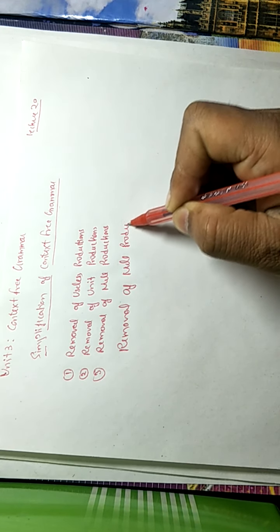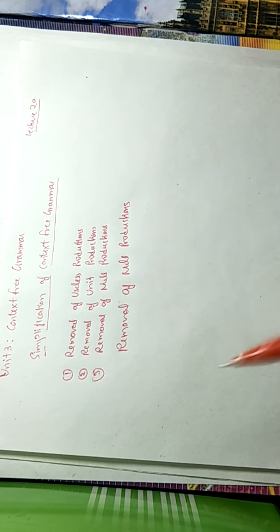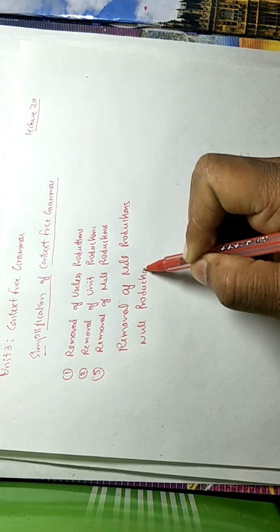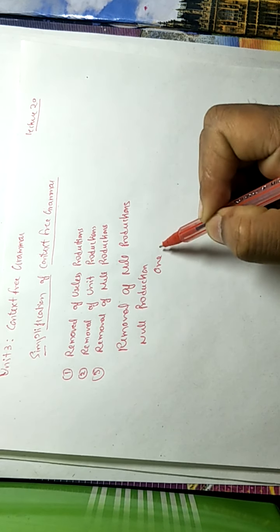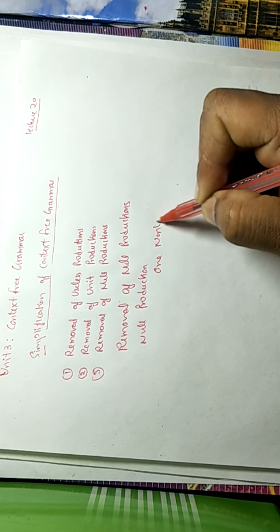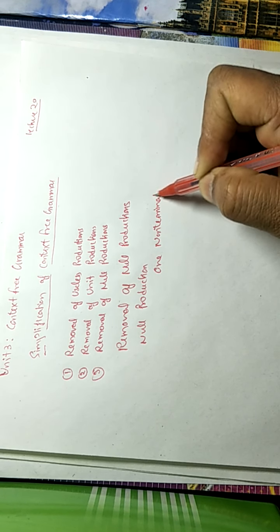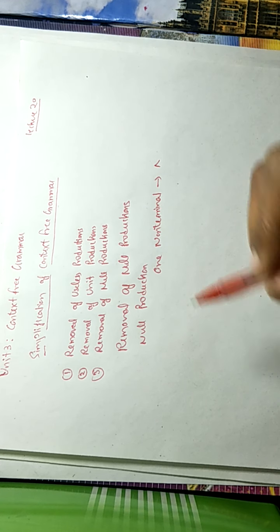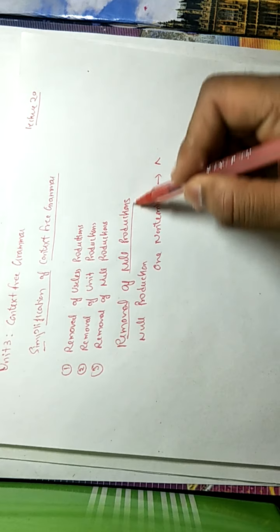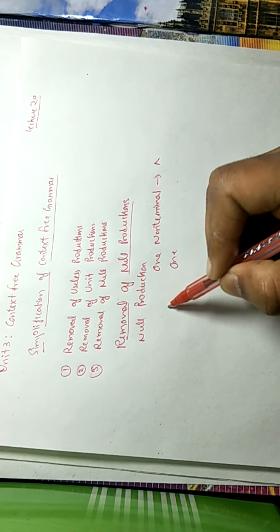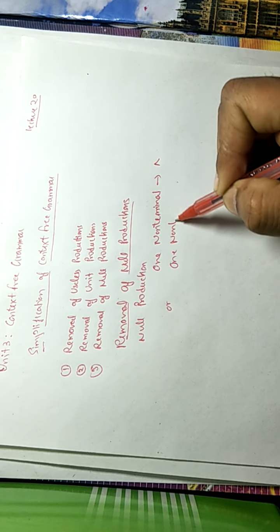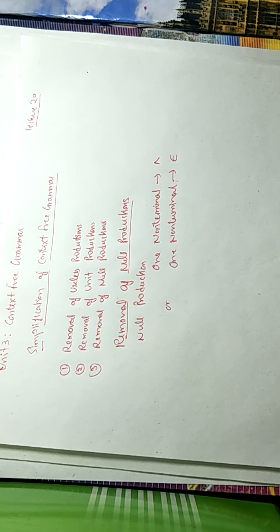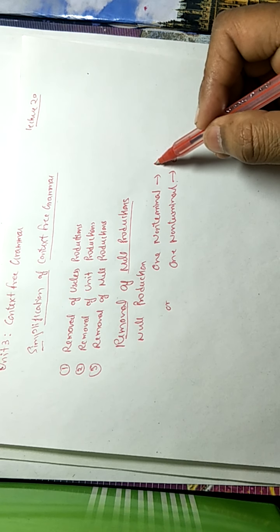So first we need to know what is meant by null production. Null production means one non-terminal tends to null, or we can say one non-terminal tends to epsilon, because epsilon can be written as null.